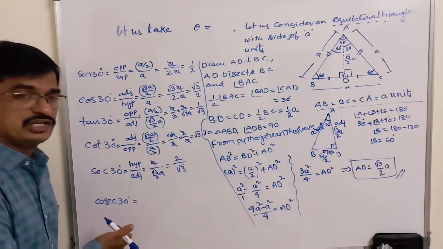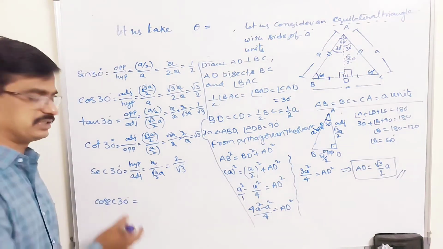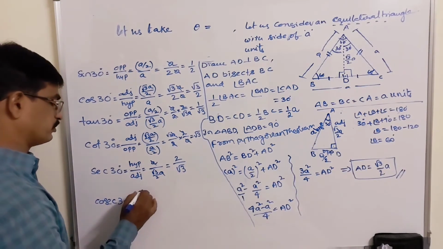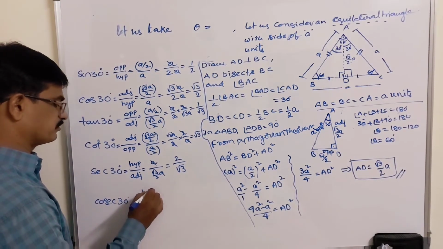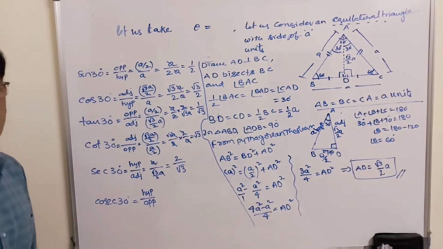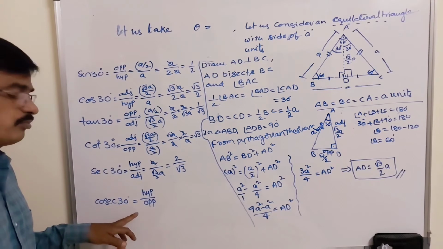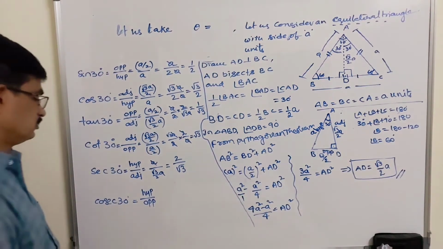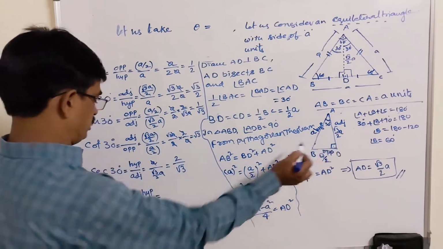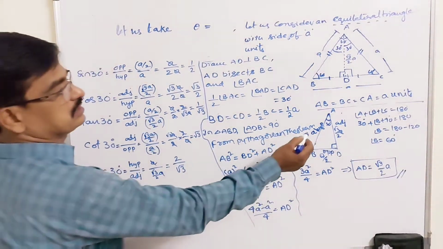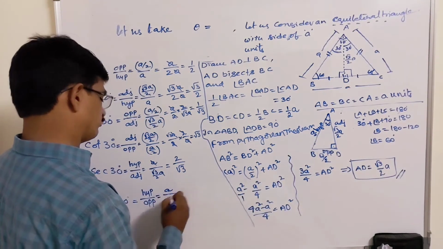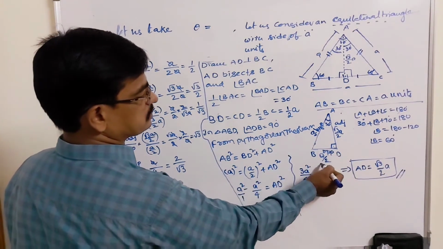Then finally cosecant 30 degrees. See here, cosecant 30 is equal to hypotenuse by opposite side. Okay, now in triangle ADB, hypotenuse is a, by opposite side a by 2.